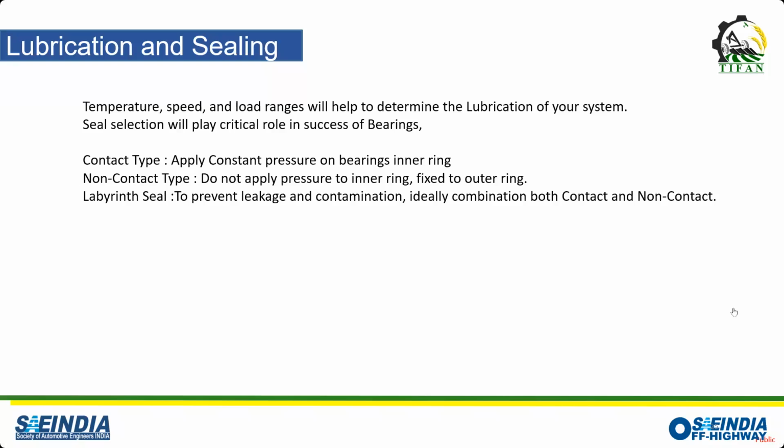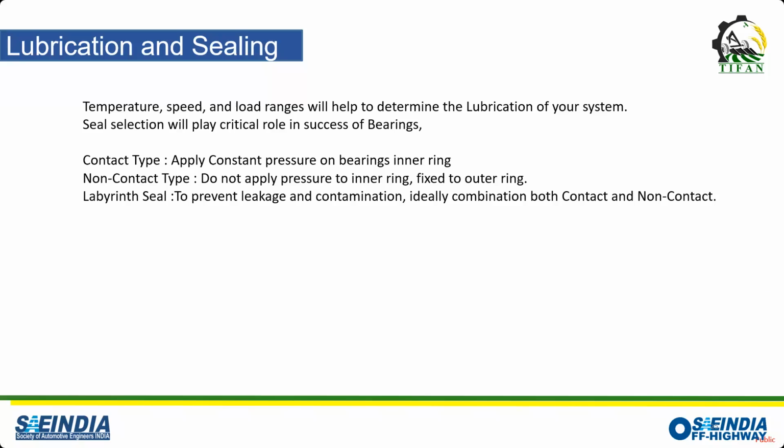If I go about the types of sealing, the contact type applies constant pressure mostly on the inner ring, the inner diameter. If you want that, you can use a contact type. The non-contact type is only for the outer side, the outer ring.